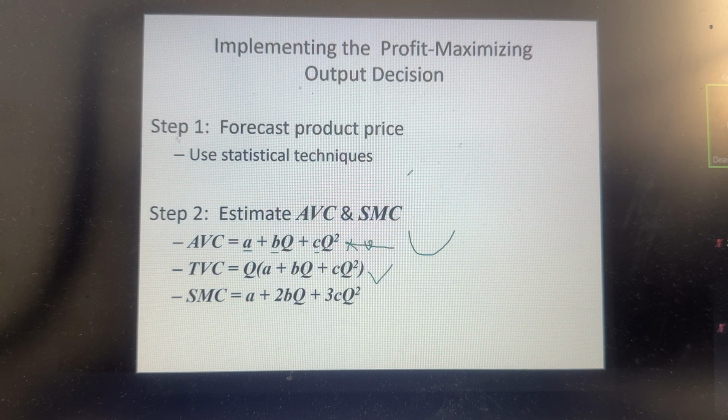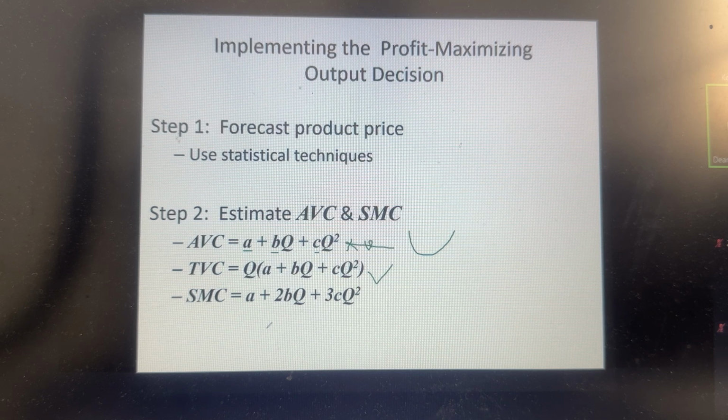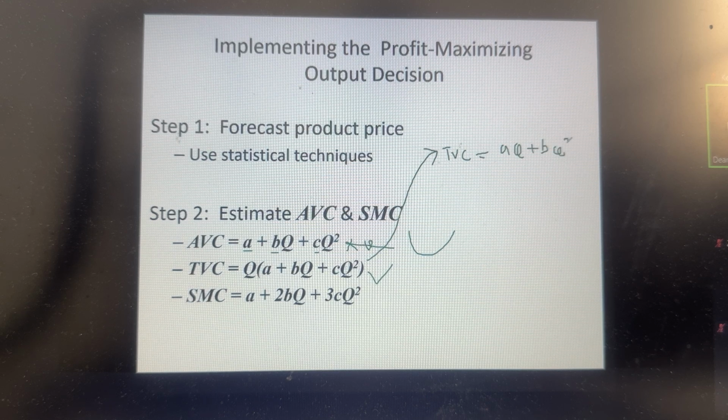From the TVC, to get MC, you have to take the first derivative of the TVC. For example, this TVC: if you multiply this AVC by Q, you get AQ plus BQ to the power 2 plus CQ to the power 3.